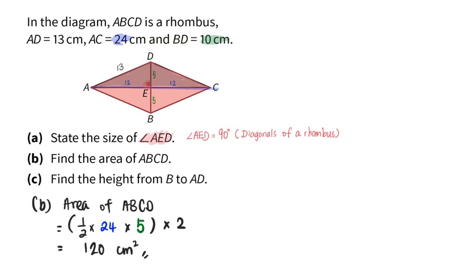And for the last part, where now we are tasked to find the height from B to AD. What does it mean? So I'm going to, for part C, redraw this particular rhombus.